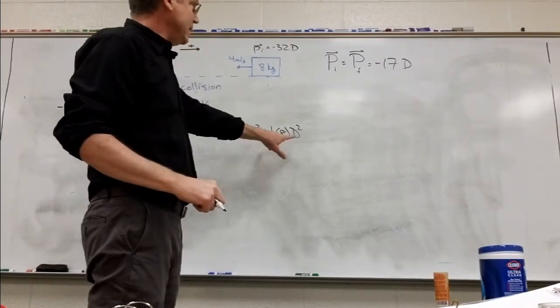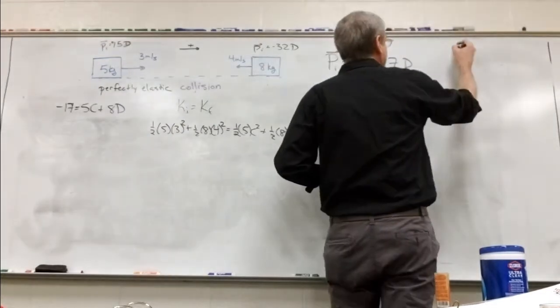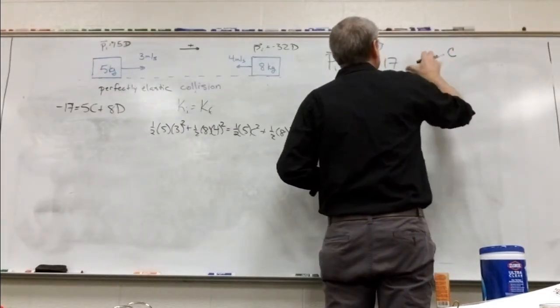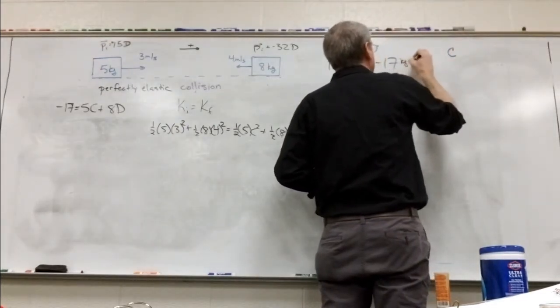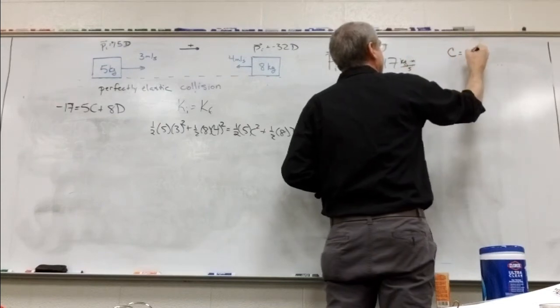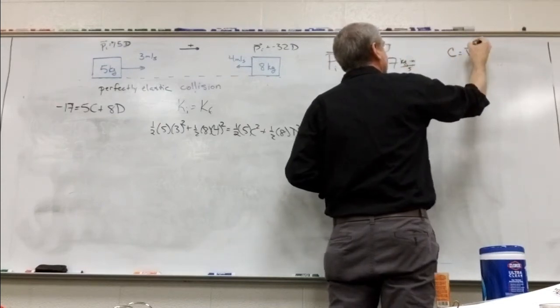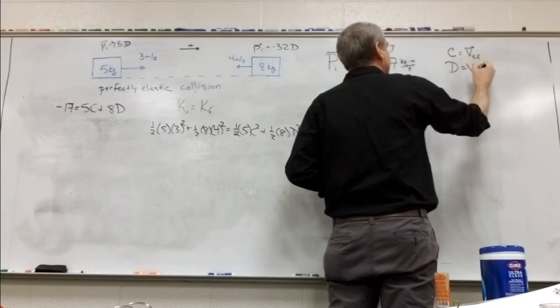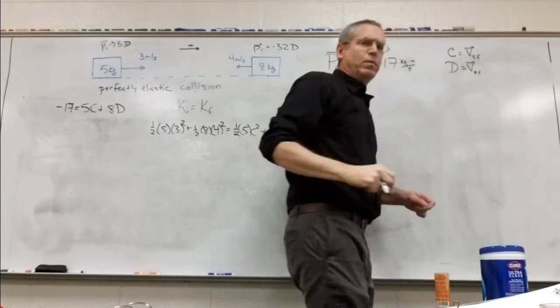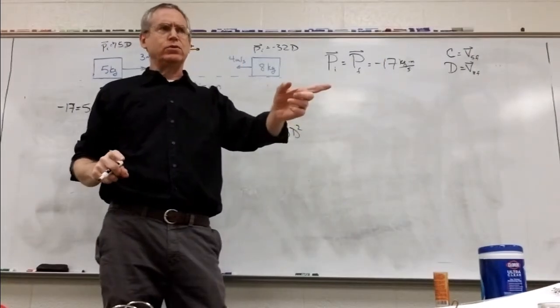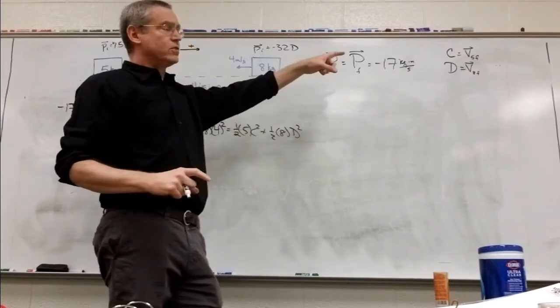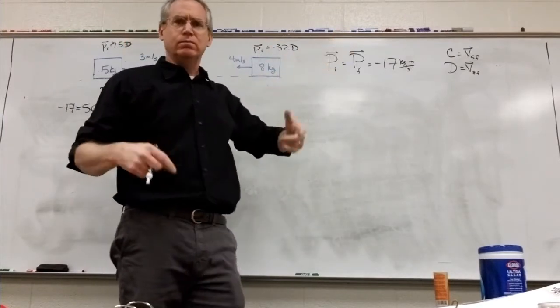And again, using C and D, I guess since it's a new video, I should write this down again. So C is V5 final, and D is V8 final. When we get to technique number 2, why I'm using C and D here, perhaps will make a little bit more sense.